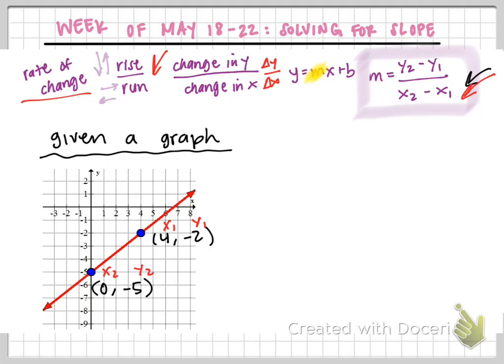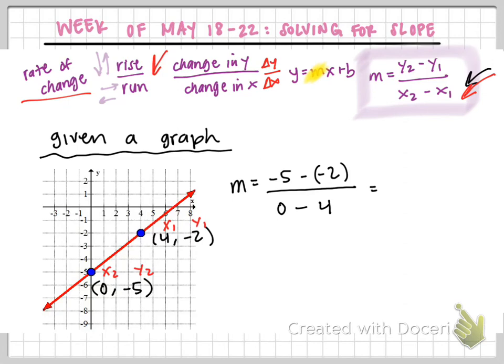Once it's labeled, go ahead and use the formula. M equals y2 minus y1. My y2 is negative 5, and then minus my y1, which is negative 2. And then x2 is 0 minus my x1, which is 4.